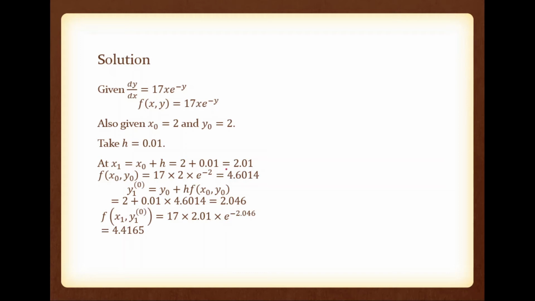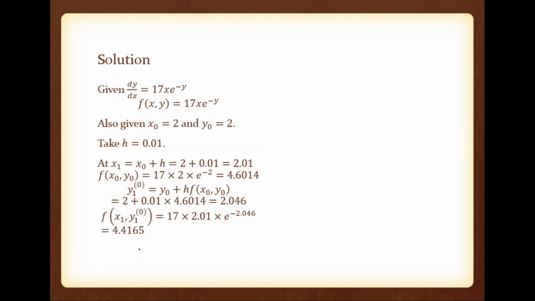Substitute x1 equal to 2.01 and y1 equal to 2.046. So we have 17 into 2.01 into e raised to minus 2.046. So f of x1 comma y1 of 0 is equal to 4.4165.